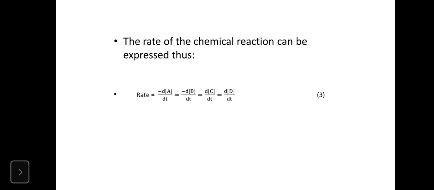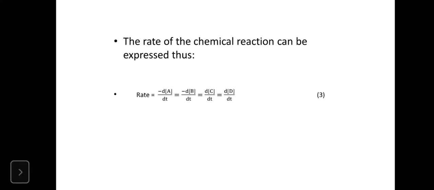Okay, look at that equation 2. I'm going to represent it by rate now, so this is where you need to be very careful. If you pick it now, you will always be able to explain it to any other person. Look at the rate of a chemical reaction. The rate of a chemical reaction can be expressed as follows.